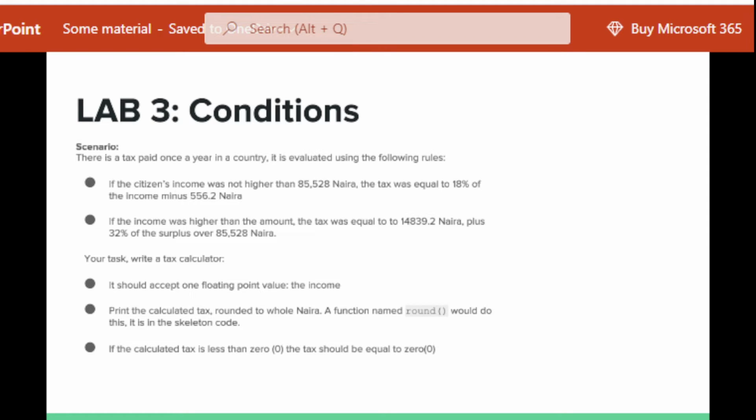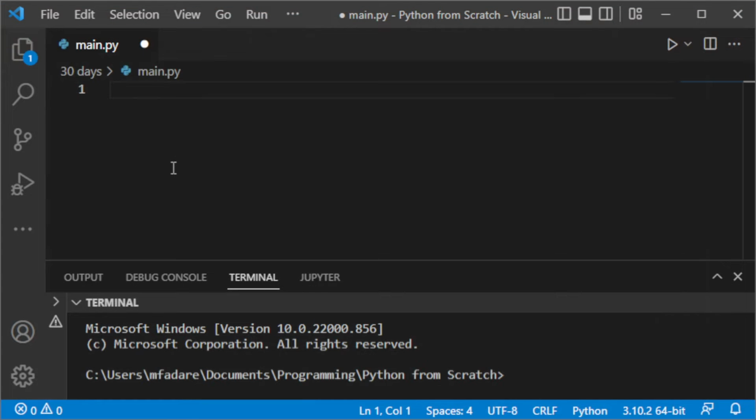So the approach we'll be taking: from this first condition, we can see that we'll be using an if statement. We come across this in Lab 3 when we're treating conditions, which is the if statement. And yes, we'll be using the if statement to solve this lab. Let us go straight to our code.